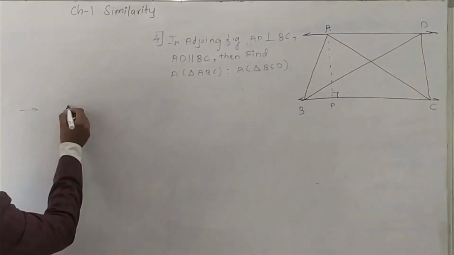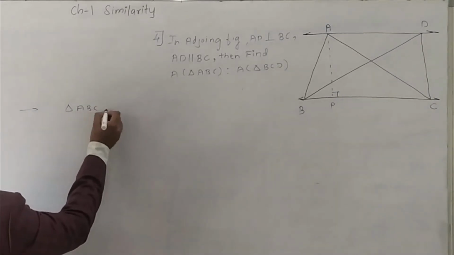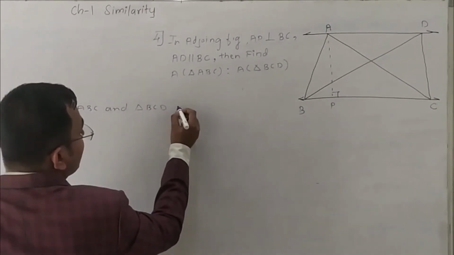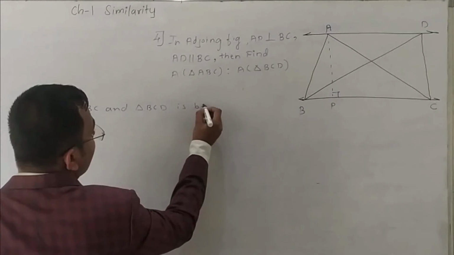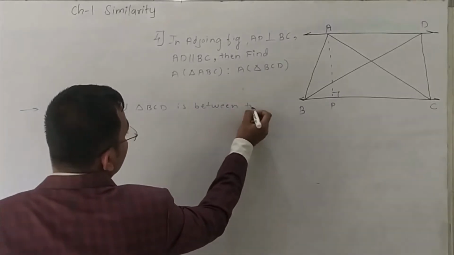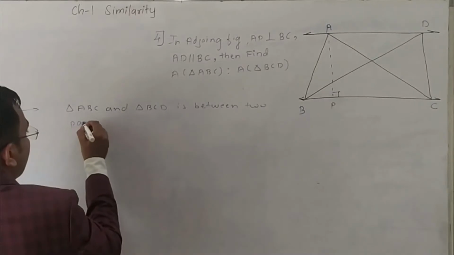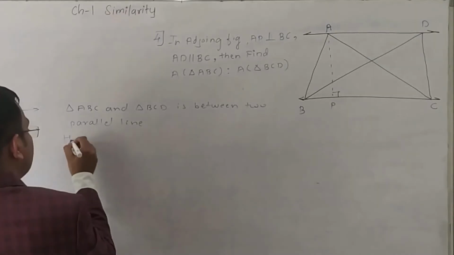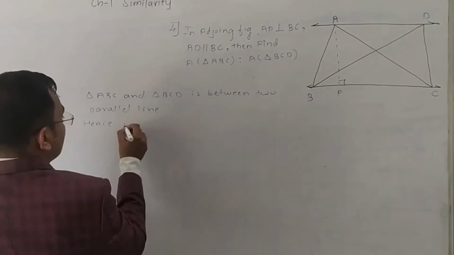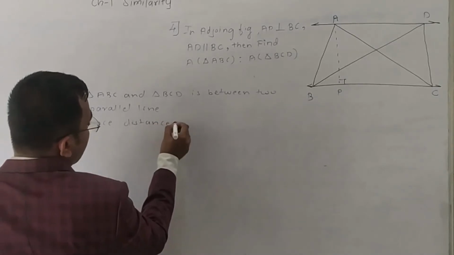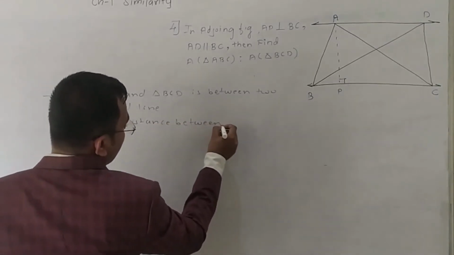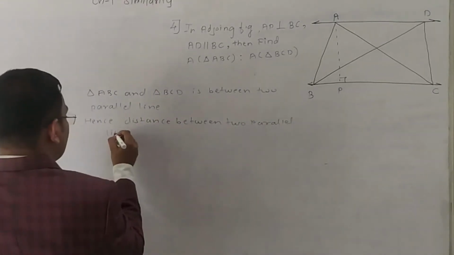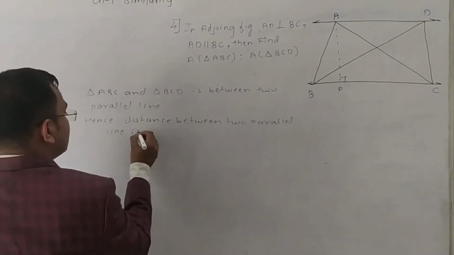Here triangle ABC and triangle BCD are between two parallel lines. Hence, the distance between two parallel lines is the same.